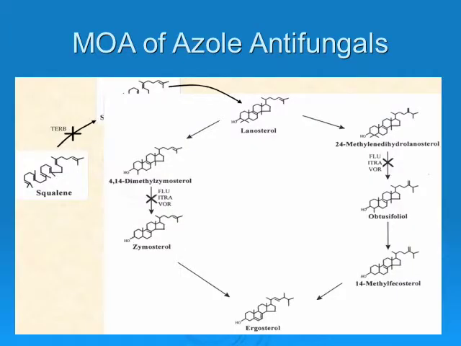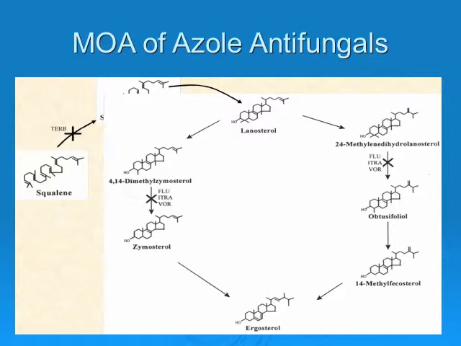I think we are all familiar, at least in general, with the mechanism of action of the azole antifungals. We inhibit the cytochrome P450 dependent demethylation of 14 alpha sterols. So we wind up with an accumulation of these methylated sterols and a deficiency of ergosterol, which is a critical component of the fungal cell membrane.